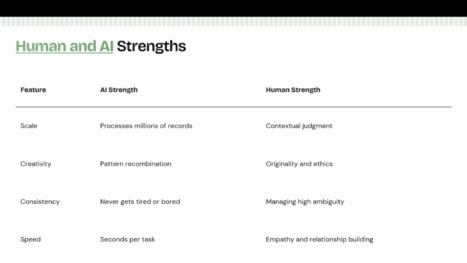So in terms of creativity, agents can recognize many patterns and combine the patterns accurately. Human beings cannot do this. Then for human, we have originality and ethics. Every human being is unique in their own way. Even humans that are not ethical are still unique in their own way.